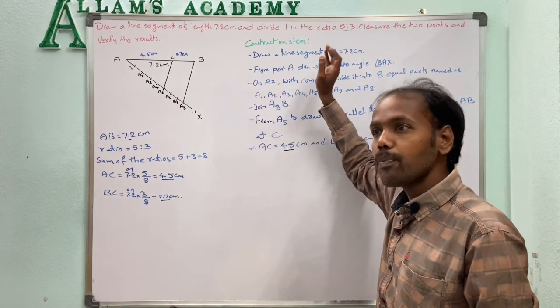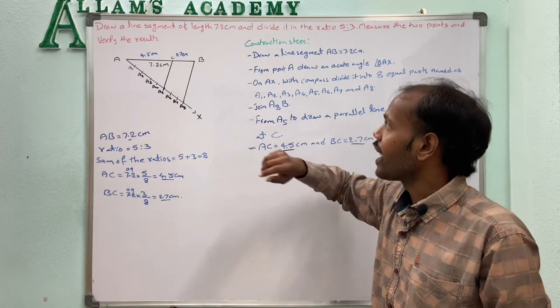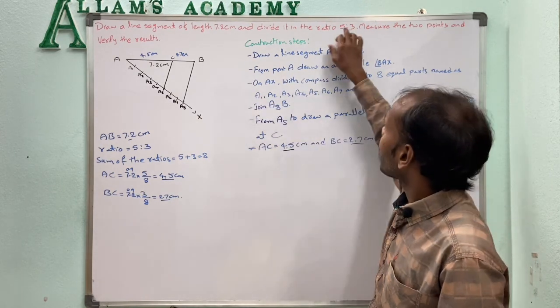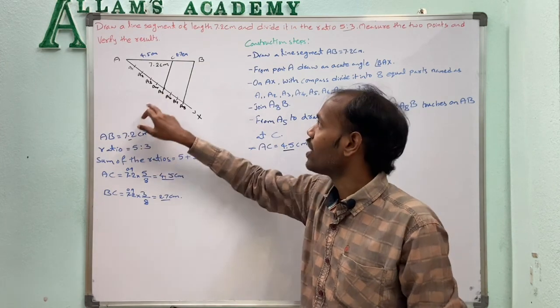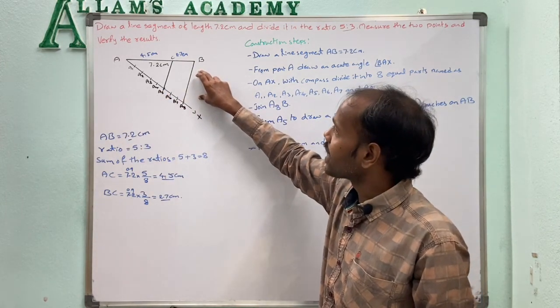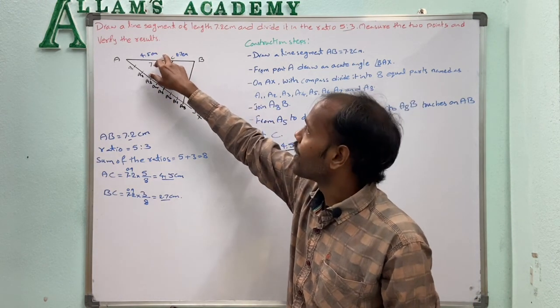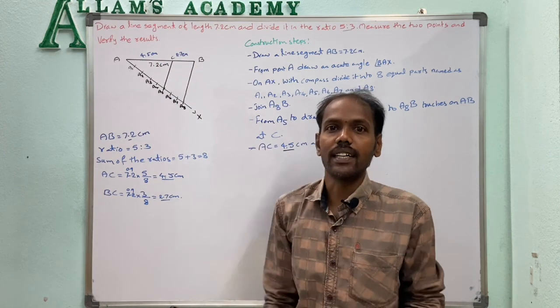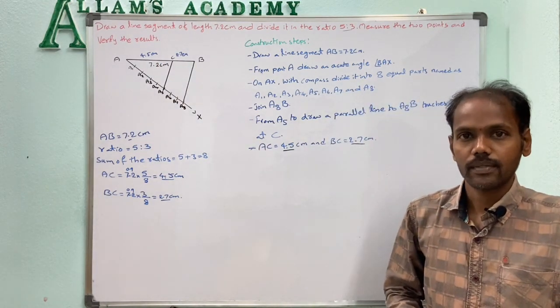Then, from the point where the ratio is counted, we draw a parallel line to the joining line segment. Where it touches is the dividing point of the ratio. Okay, thank you.